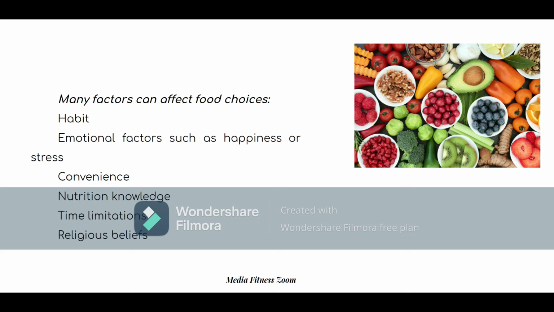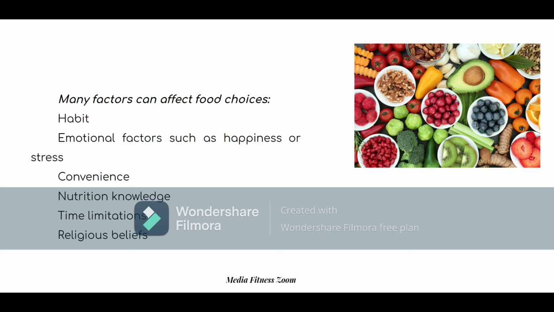Time limitations are sometimes factors that affect our food choice, because sometimes it's quite impossible to find the time to cook or to go to the cafeteria for some salad or fresh meal.